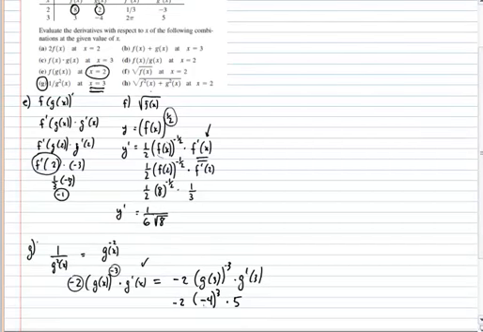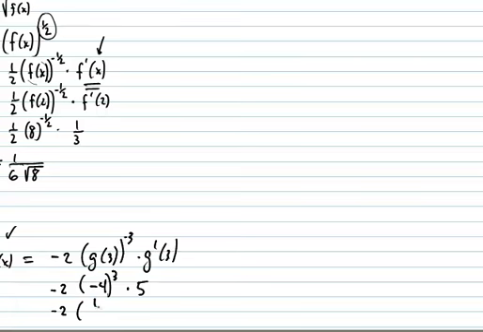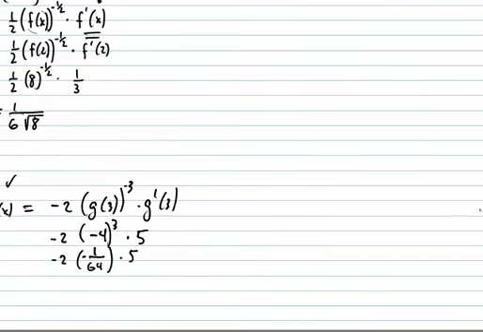So my answer is going to be negative 2, negative 4 cubed is going to be 1/64 negative times 5. So your final answer will be 10 positive over 64.